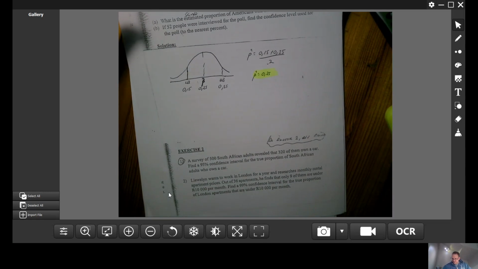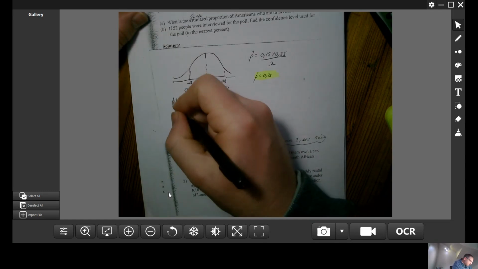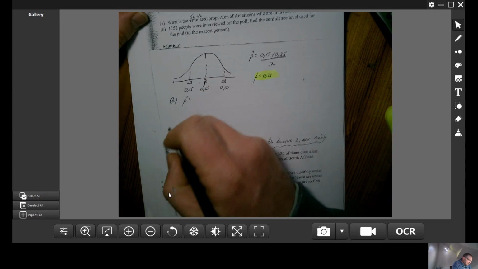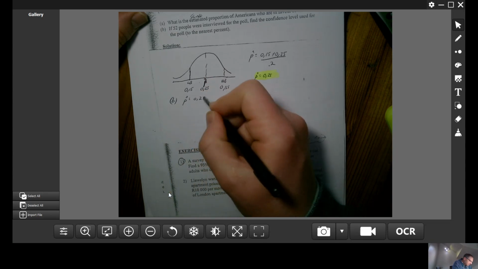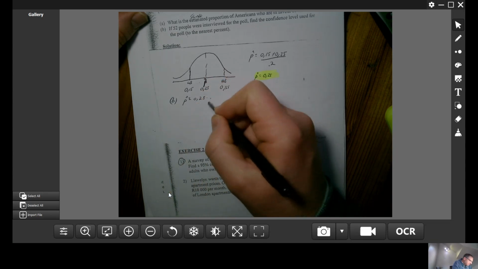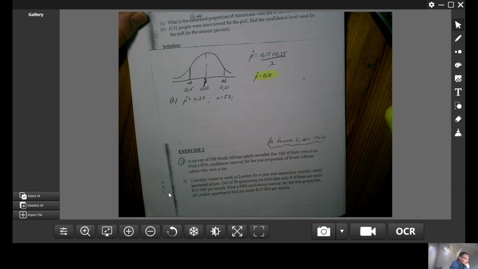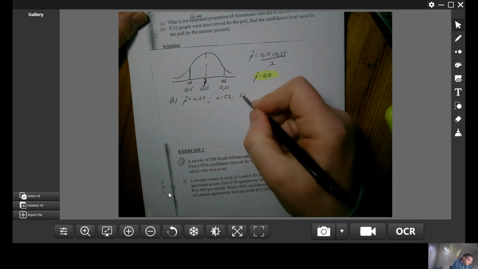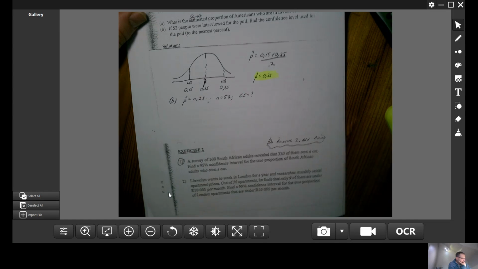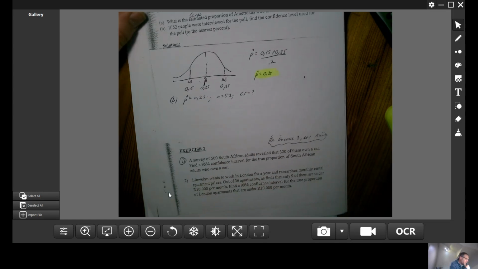0.25. Next question says, if 52 people were interviewed in the poll, so now we know P hat is 0.25, that's what the sample mean was. N is equal to 52 people interviewed. Find the confidence interval used for the poll to the nearest percent.